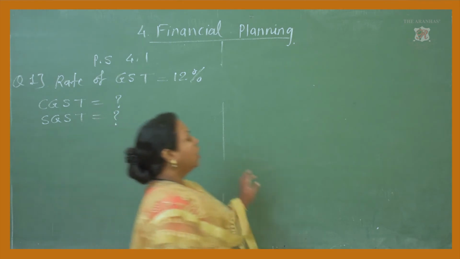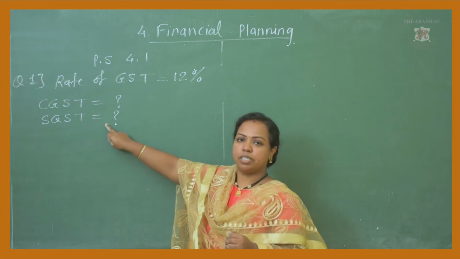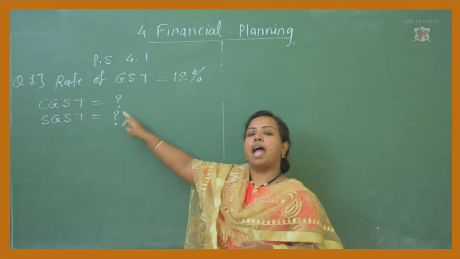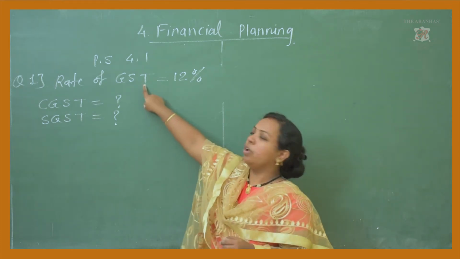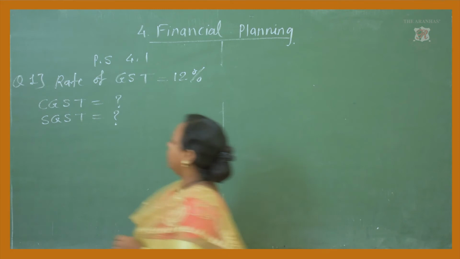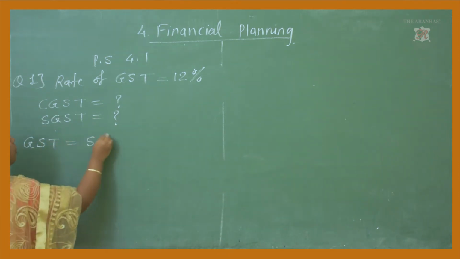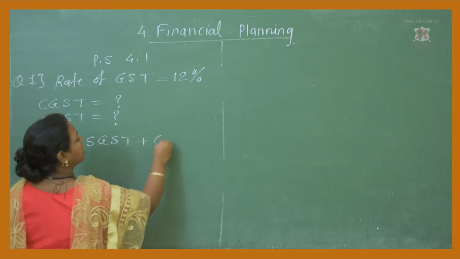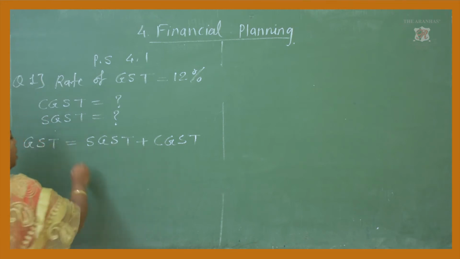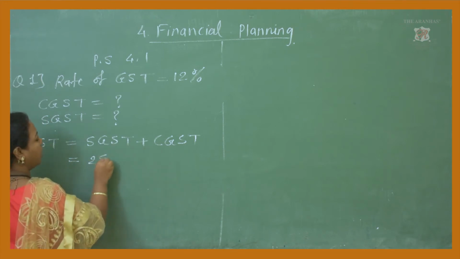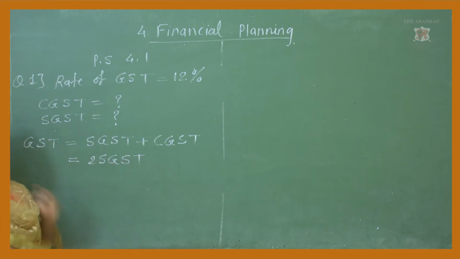Now see, using the relation, we know that CGST rate and SGST rate are both equal, and adding these two, we get GST. Now, how are we going to calculate? We know that GST is equal to SGST plus CGST. Now, these both are equal. Therefore, we can write it as 2 times SGST or 2 times CGST as well.